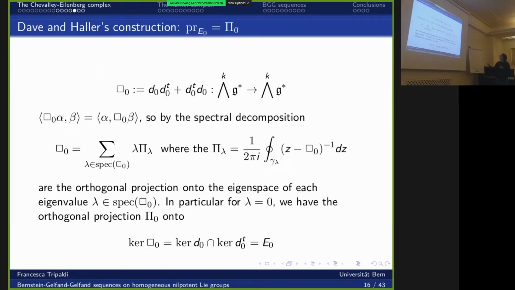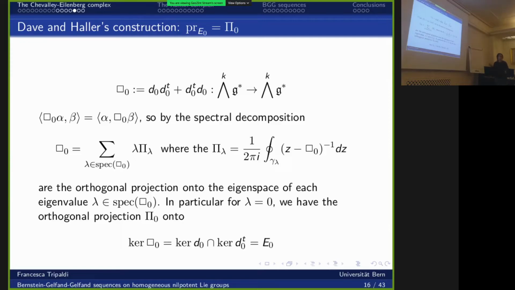Instead, with Dave and Haller's construction, you have this operator. It's a symmetric operator by definition, so you can take the spectral decomposition of box 0. Each pi lambda is an orthogonal projection onto the eigenspace of each eigenvalue lambda.